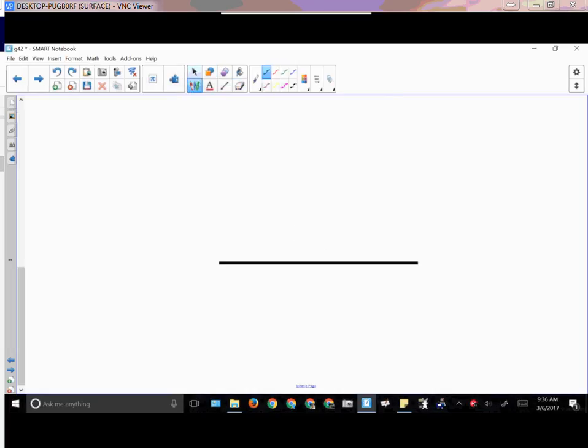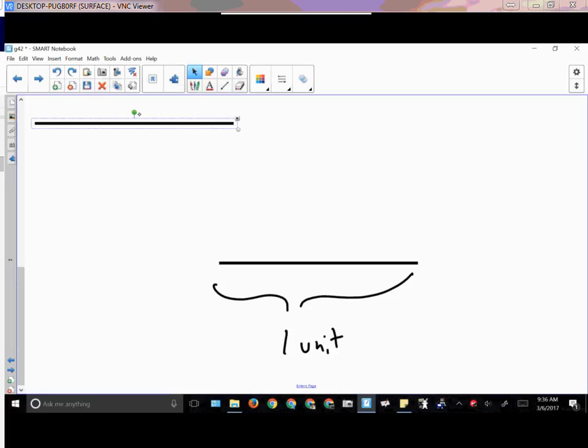I'm going to call this 1 unit. Copy, paste. Now I get to rotate 90 degrees.